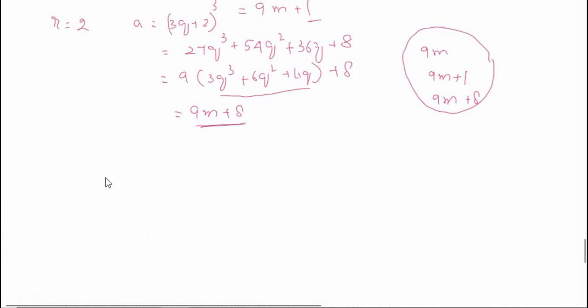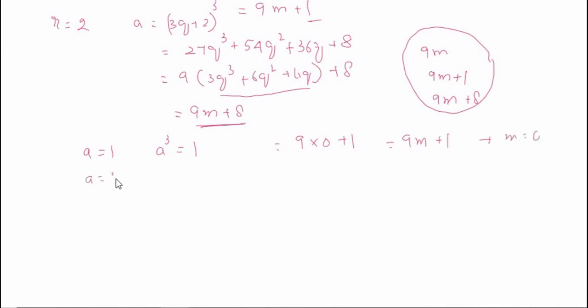Now first let us take a equal to 1. When a equal to 1, a cube also is 1. So you can consider this as 9 into 0 plus 1. So this is 9m plus 1, where m equal to 0.